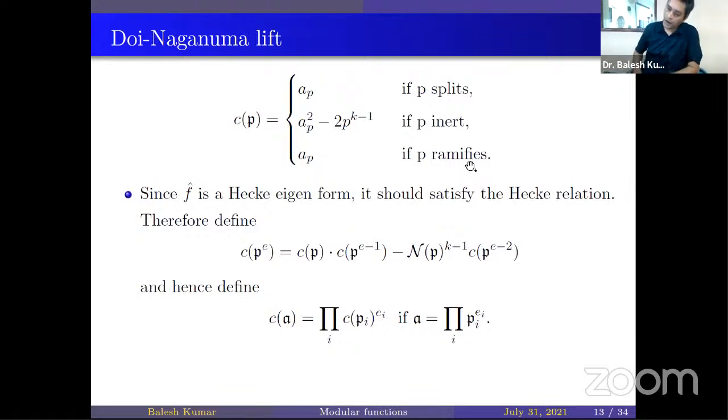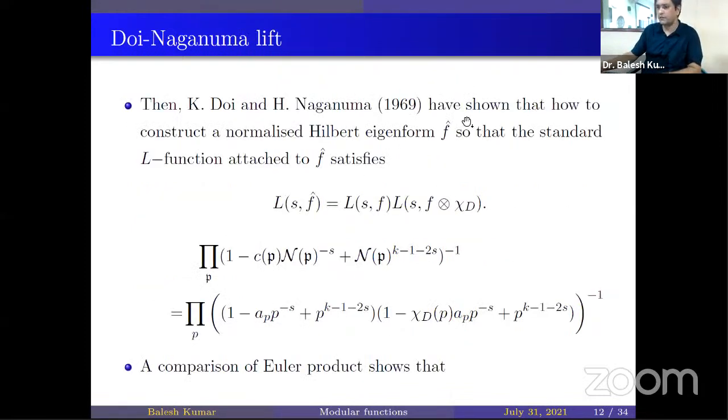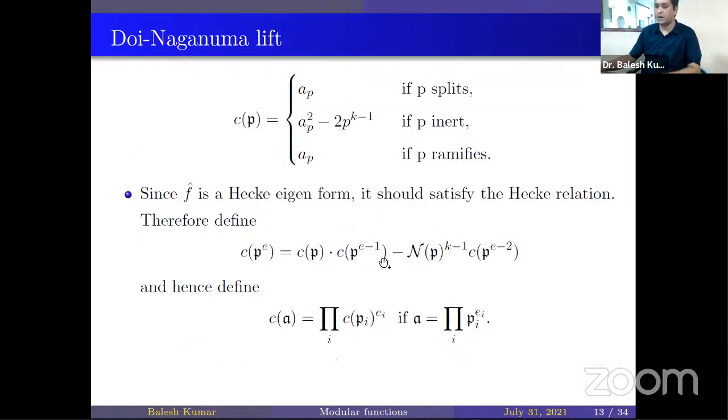And since we are demanding the condition that this f hat should be a Hilbert Hecke eigenform, it should satisfy the Hecke relation, that is, C of prime powers should satisfy the similar Hecke relation. And in this way, one can find the Fourier coefficients for prime powers.